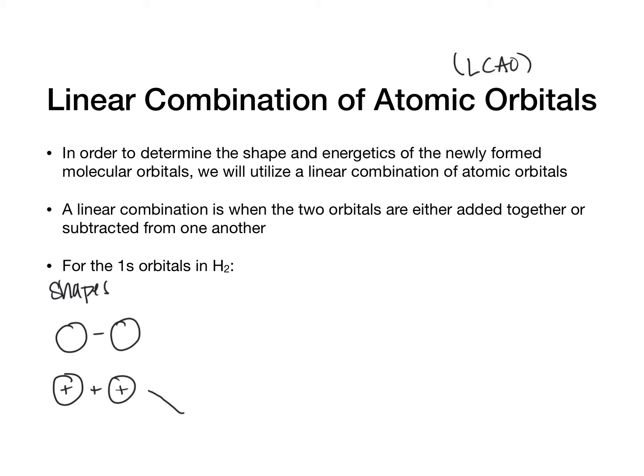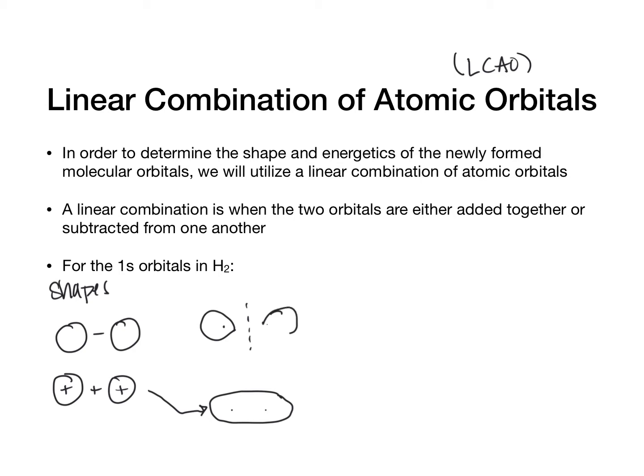When you add them together, they become lower in energy. We get something that looks like a giant sphere or an oval of uniform electron density. When we subtract the two, a node appears, instead of the bond.